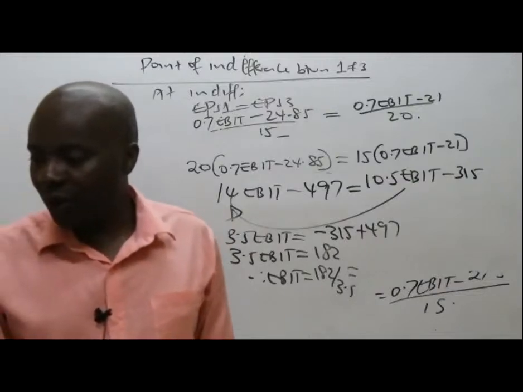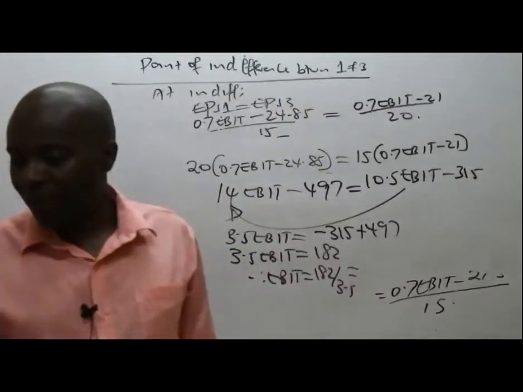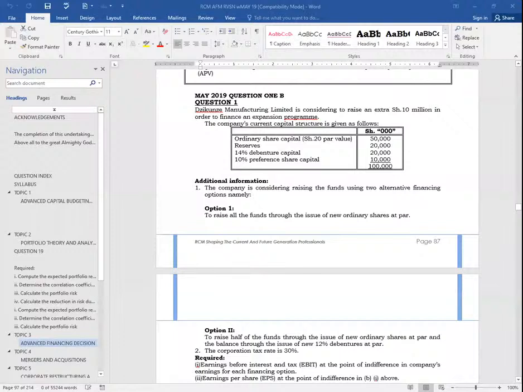Now, I know the question that my friend is talking about, the one that has got reserves. Let me just project it here. It is May 2019, question number 1B, where they wanted us to give them earnings before interest and tax at the point of indifference for each financing option, and then earnings per share at the point of indifference.